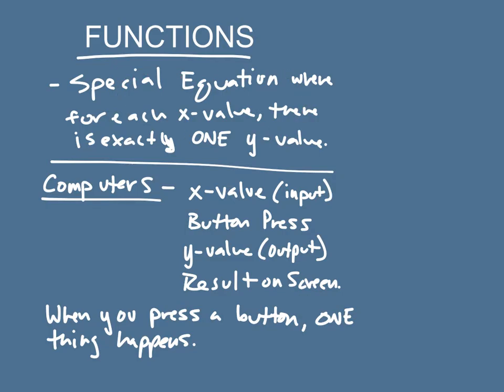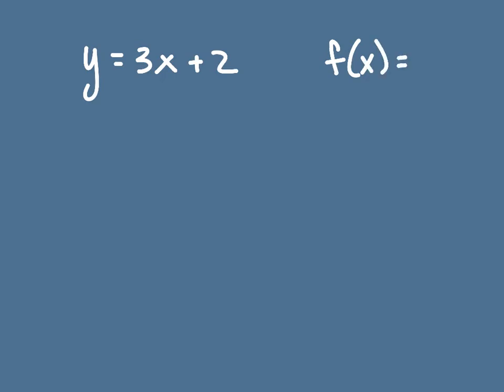So let's talk about how we write functions and how we look at them. One thing I want to do is write down the equation y equals 3x plus 2. Now, I could also write this equation in function notation and write it as f of x is equal to 3x plus 2.